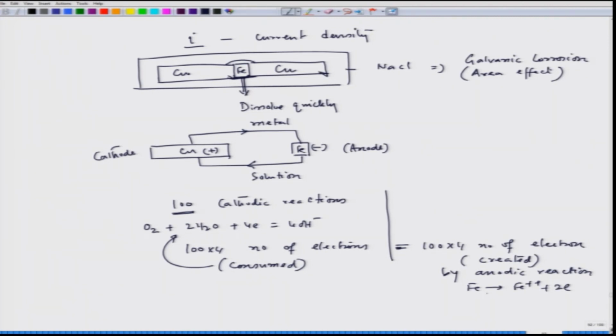Now I see that here the charge is 400, and here it is equal to 400 charge in the form of electrons, of course, per unit time.